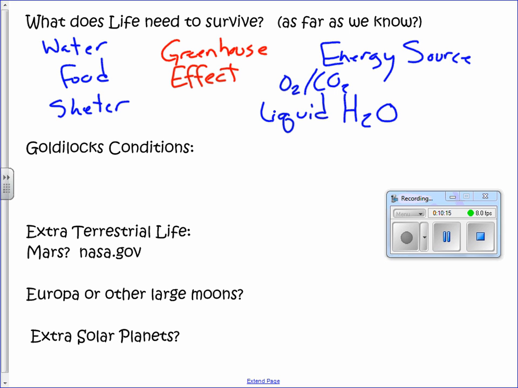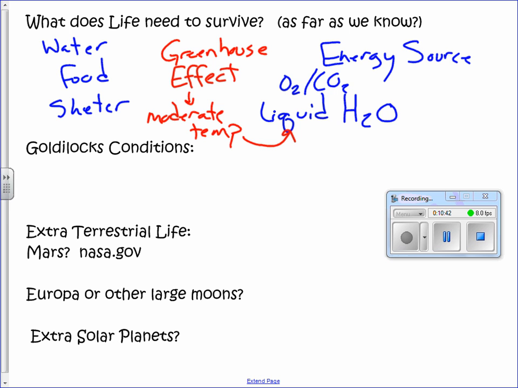So you have to have the right amount of atmosphere so it's warm enough, but not too warm. Venus, too warm. Mars and Mercury, way too cold. And so we need moderate temperatures so that we can have liquid water. Not too hot, not too cold.